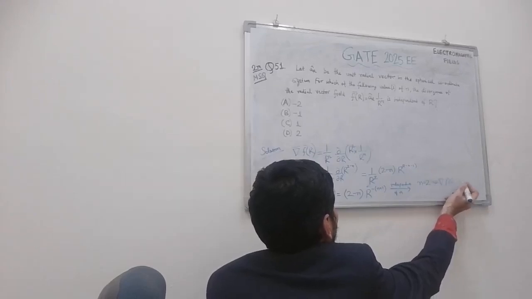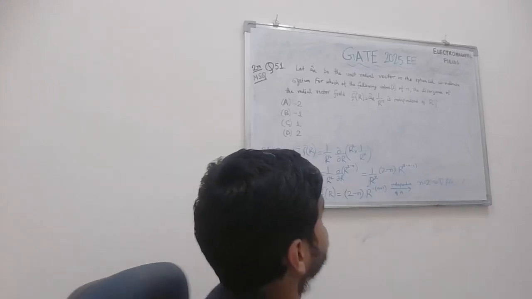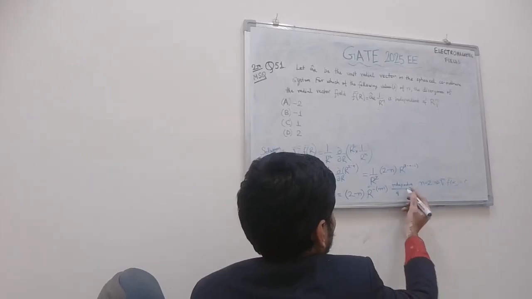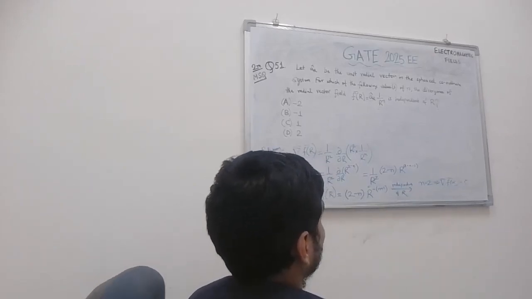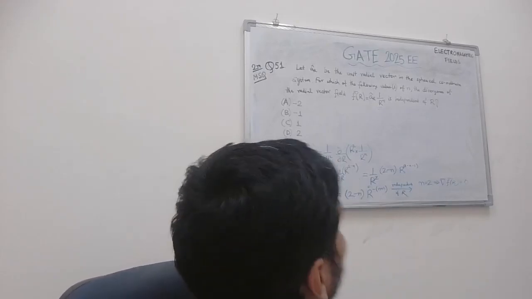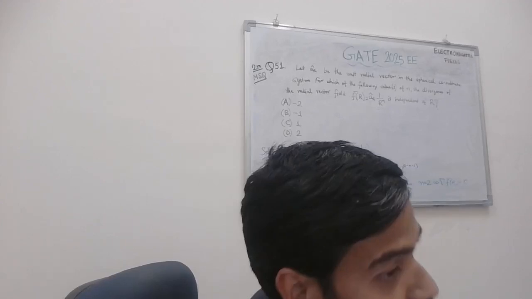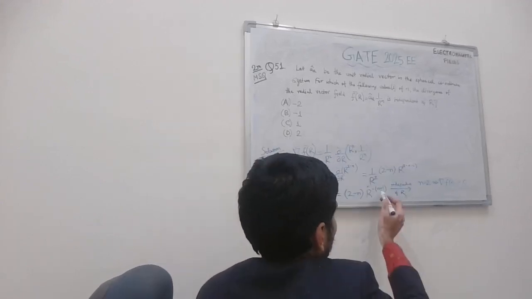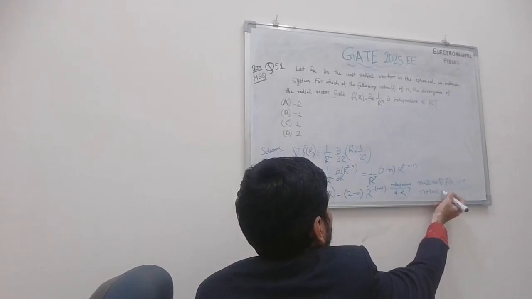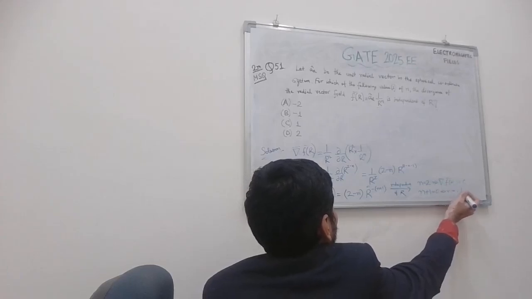That is also independent of r. So if n equal to 2, this will vanish, the divergence will be 0. So in that case also it is independent of r. Otherwise, if this power is 0, n plus 1 equal to 0, or n equal to minus 1.